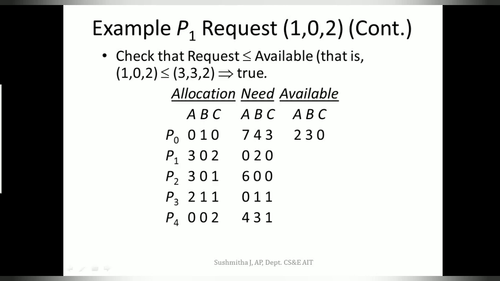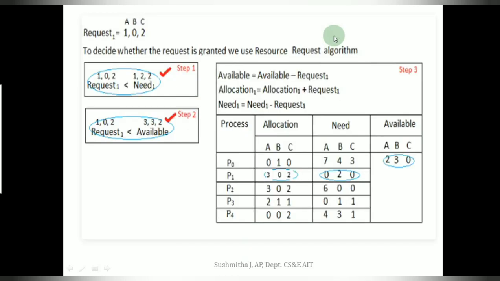Now let us look at the resource request algorithm. Let us say, for example, process P1 is requesting a new resource, 102. How does the request algorithm work? If the request of process P1 is 102, the first step is to check if it is less than the need.